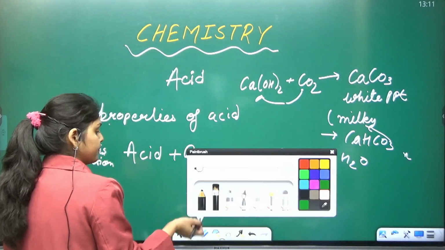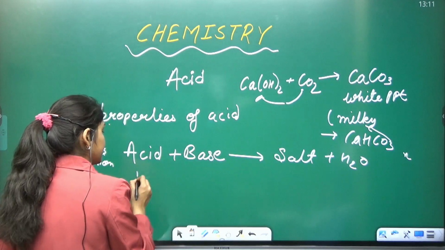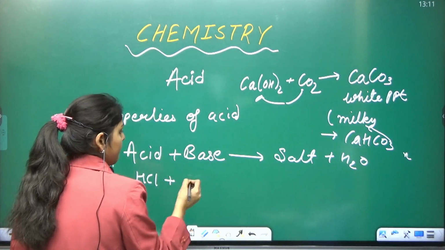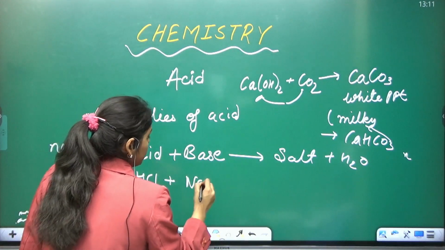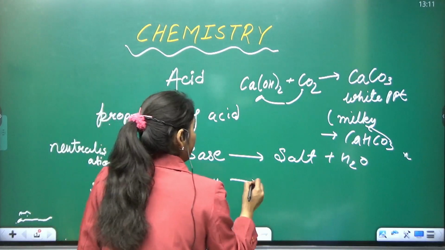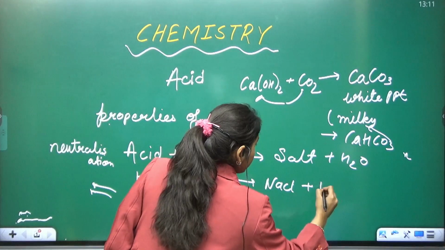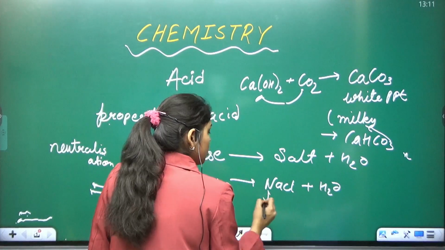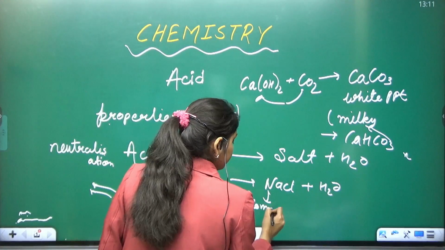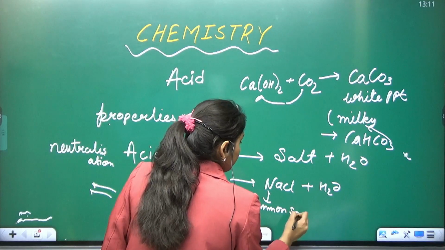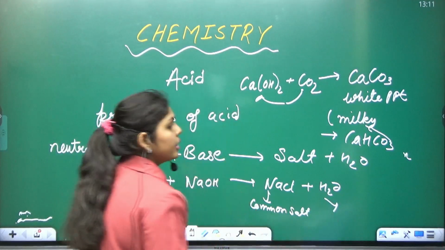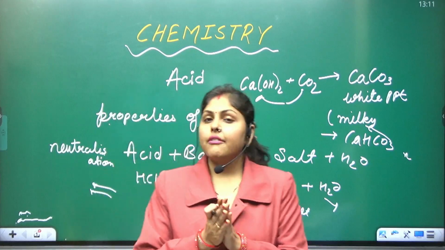The reaction is HCl on adding NaOH gives NaCl and H2O. You all know that it is common salt, and also water. So here we talked about everything about acids.